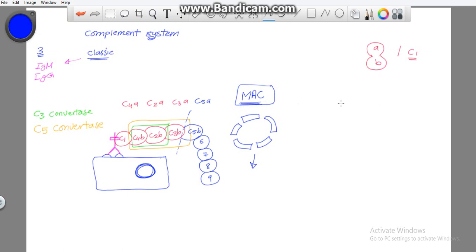Let me just tell you a quick difference between gram-positive and gram-negative bacteria. Let's say that this is a gram-negative bacteria, and this is a gram-positive bacteria. Now, they both have this lipid coat, this lipid membrane.